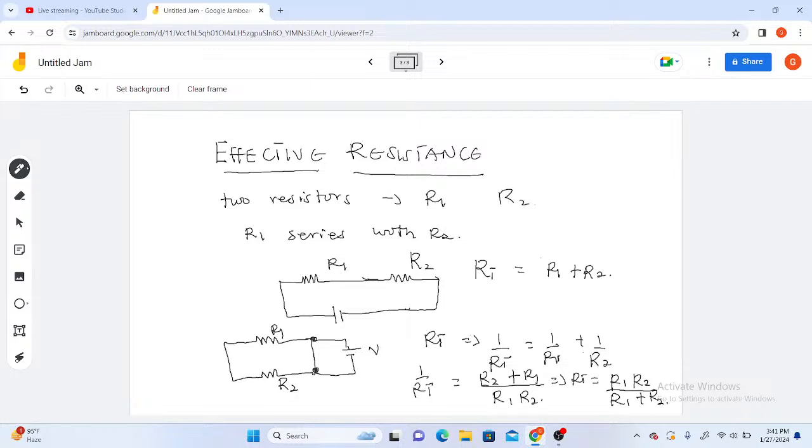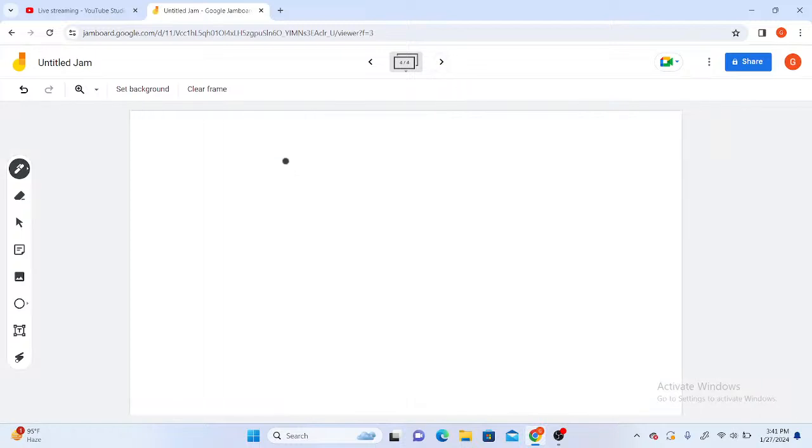So this formula and this formula are the ones we are going to use to solve the effective resistance of complex circuits that we'll be solving as part of this tutorial. Now let's get into solving our problems.